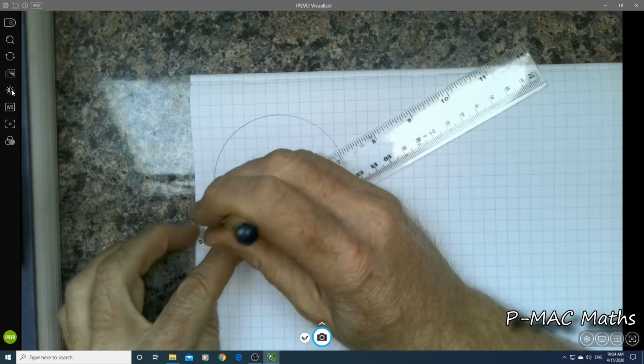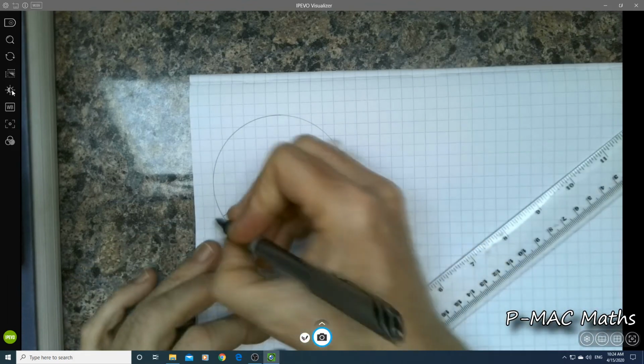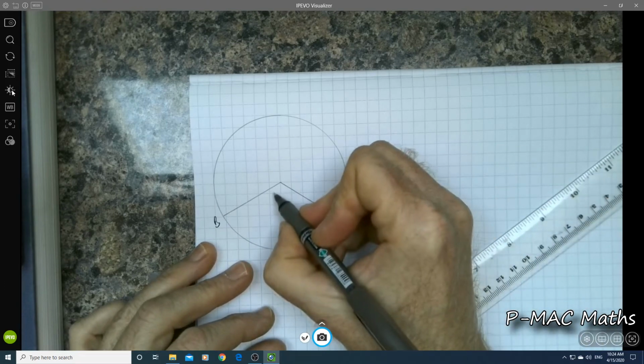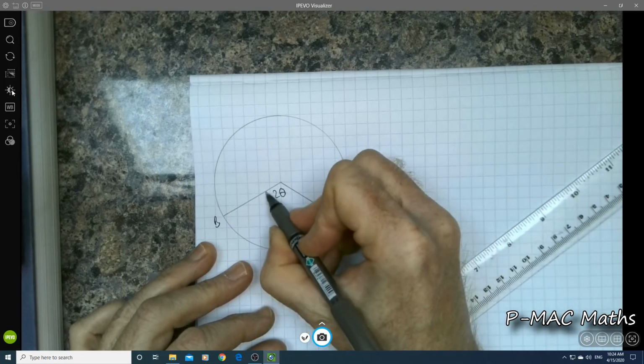So here's B, here's C. Here's my angle 2 theta in the middle.